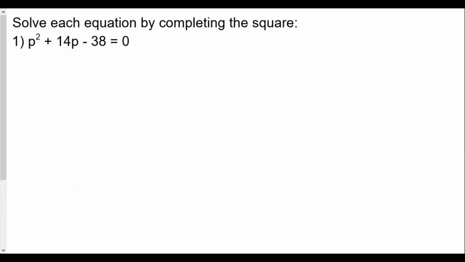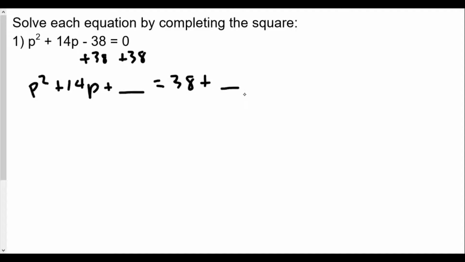So, with p squared plus 14p minus 38, we're going to add 38 to both sides. Now we have p squared plus 14p plus blank equals 38 plus blank.